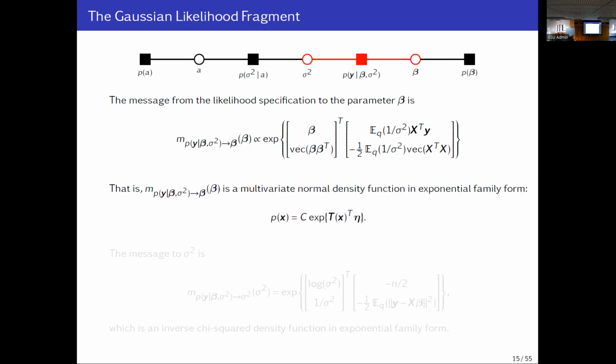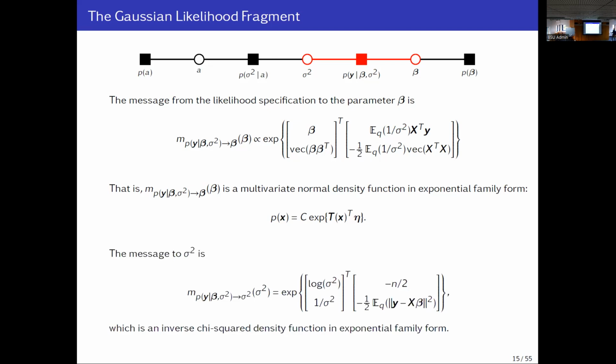This really is the form where you have your parameters over here in a vector, and then just some other constants in another vector. This particular form is basically a multivariate normal density function in exponential family form, where this is your vector of sufficient statistics, and this is your natural parameter vector. Are people familiar with that kind of form? Yep.